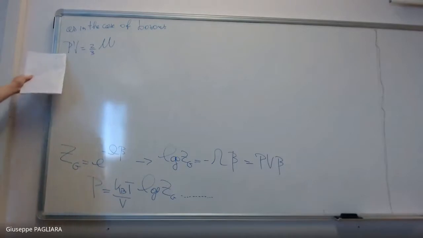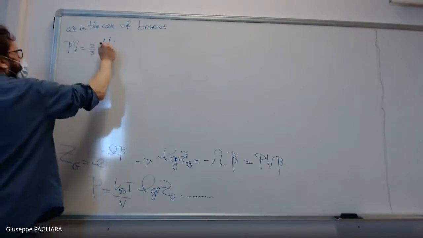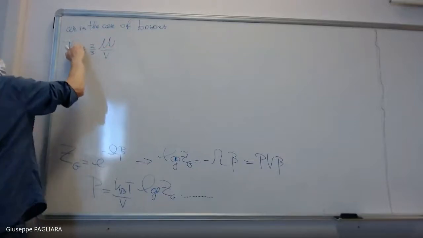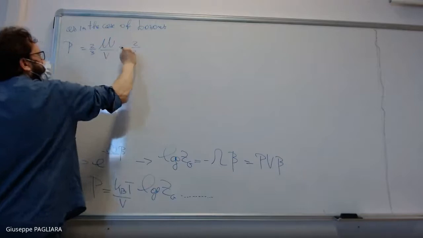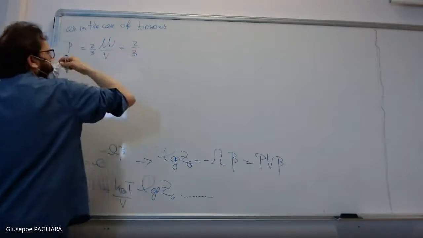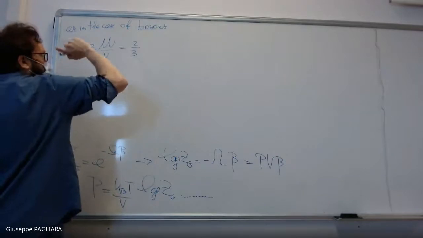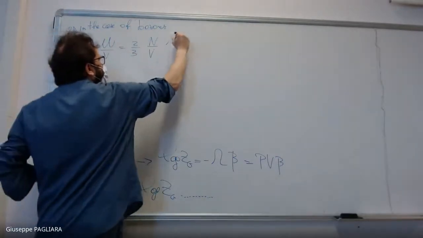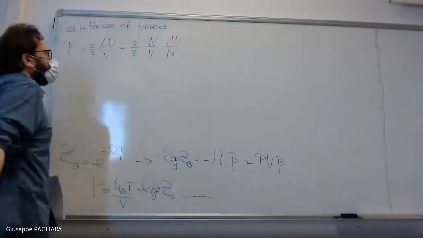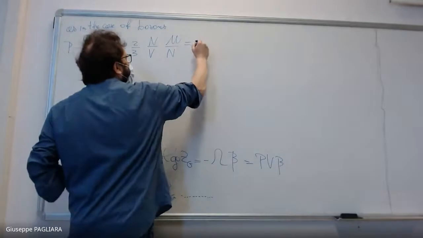Okay. So then I can use this relation and make the following trick. Here divide by the volume. So this is 2/3, and let me multiply by N, numerator and denominator. So you have N divided by the volume and U divided by N. So here I have 2/3.